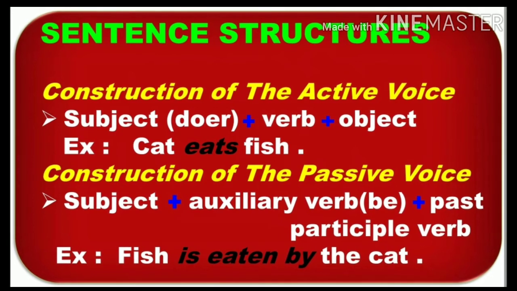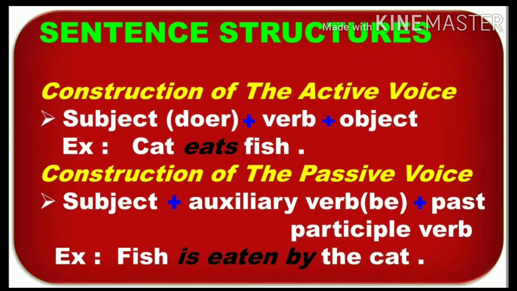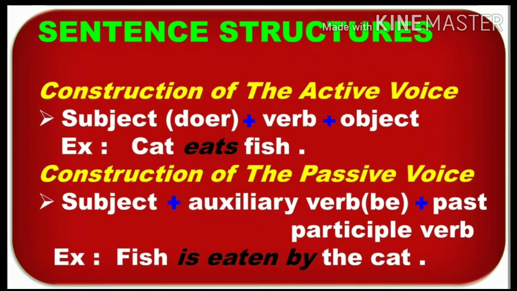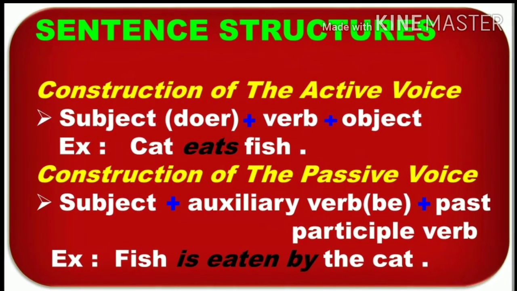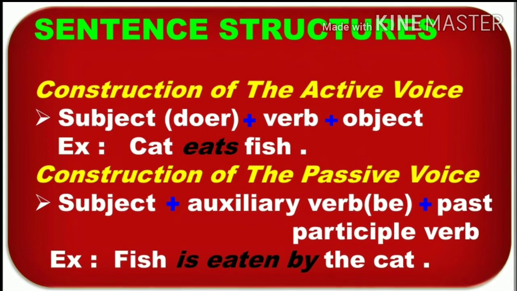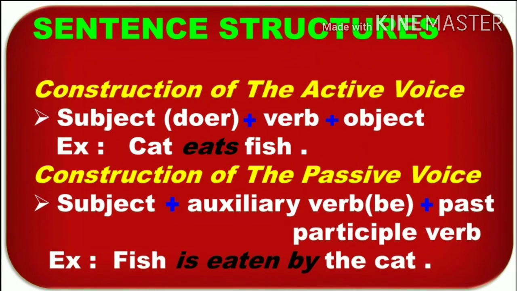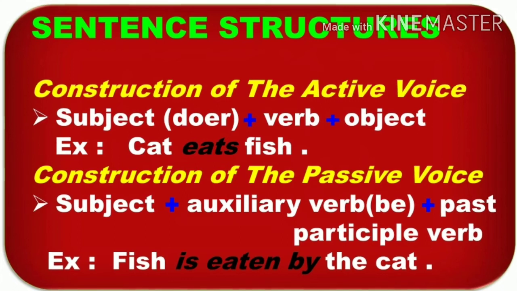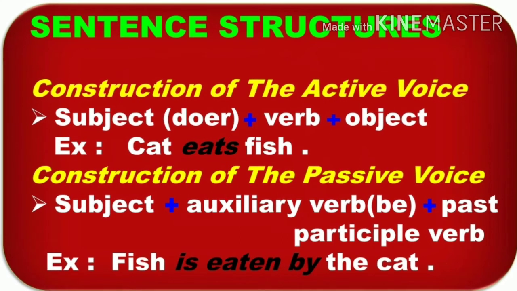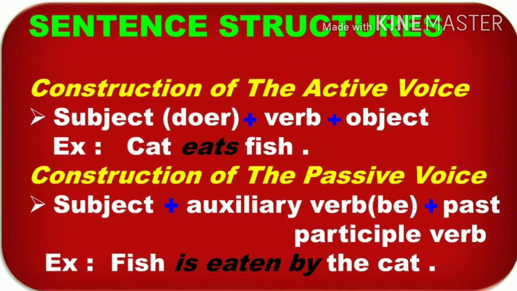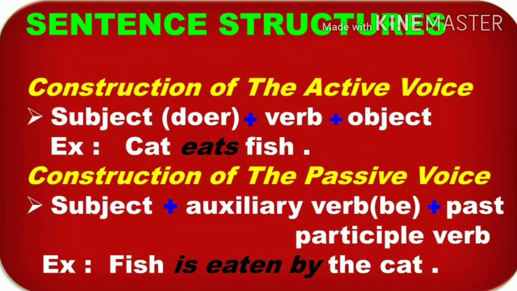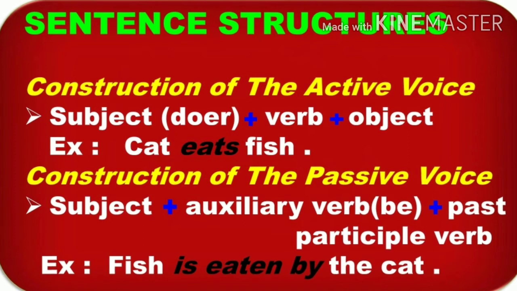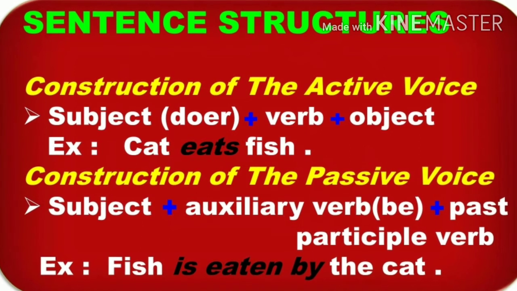Here, fish is the subject, but it's not doing any action here. Is the auxiliary verb or be form of verb. Eaten is the past participle verb or third form of verb of the main verb eats. And usually the passive voice will contain a preposition by in the sentence.